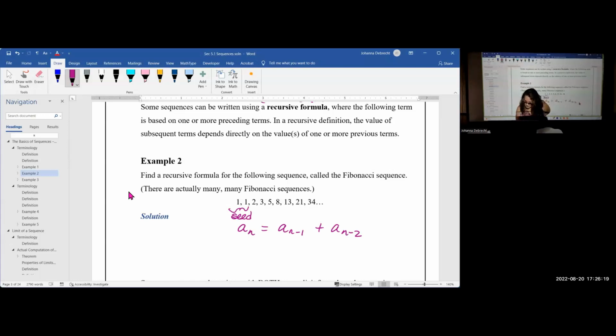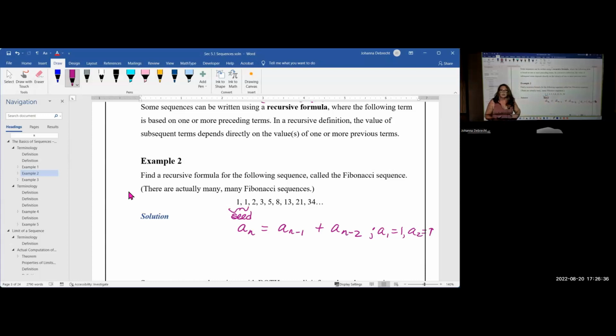In this case, we would give seed values of A1 equal 1 and A2 equal 1. In other words, they're both 1. That generates the list of numbers, the ordered list, 1, 1, 2, 3, 5, 8, 13, 21, 34, and so on.